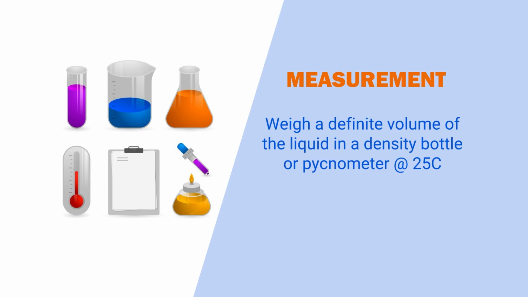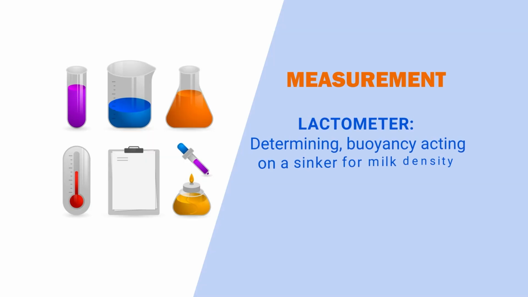But then there are other devices also, which are not only for density but also for specific gravity, like lactometer, hydrometer, and in the case of hydrometer, you can have various series of it. It can be meant for alcohol, it can be meant for molasses, it can be designed for any kind of solvent. Lactometer is a type of hydrometer which is designed for checking the specific gravity or density of milk.